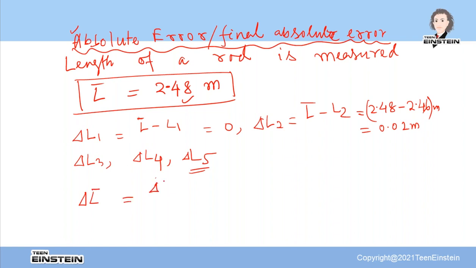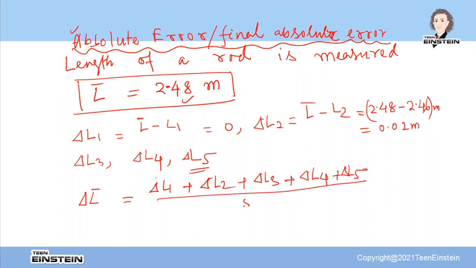I have to take the average of all of them, whatever we have got. I have not done the rigorous calculation here, but I'll send you some exercise part, quiz part. If you practice over there, then it will be all right. So this is the absolute error. I know the value for each individual absolute error.